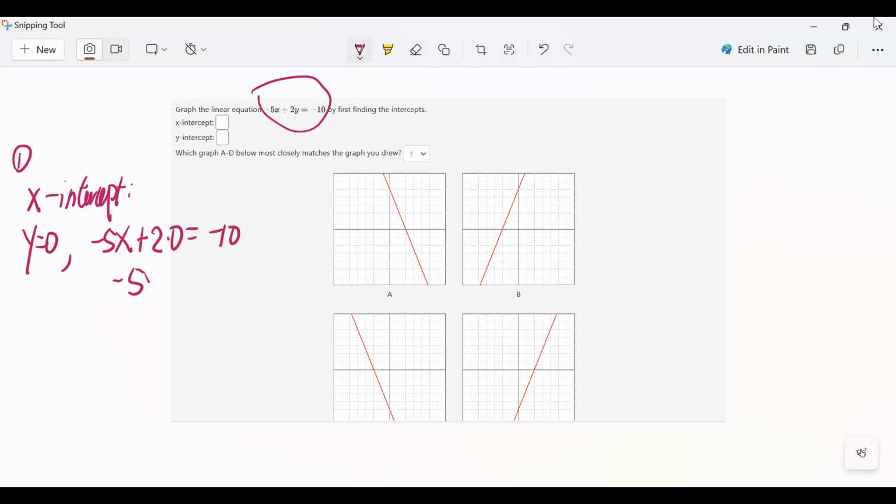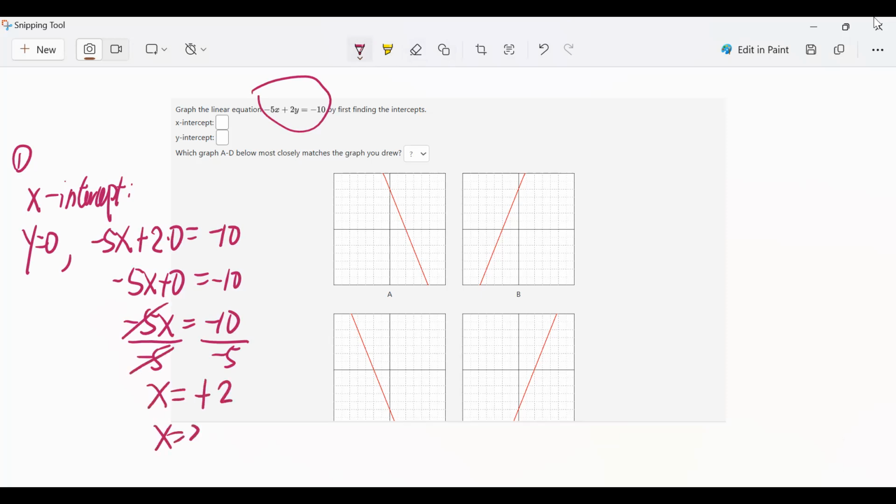So minus 5x equals negative 10. Divide both sides of the equation by -5. Cancel that, x equals 2. So the x-intercept is 2, 0.